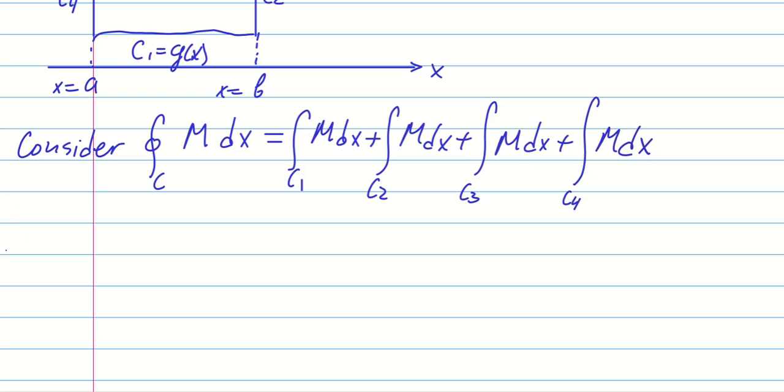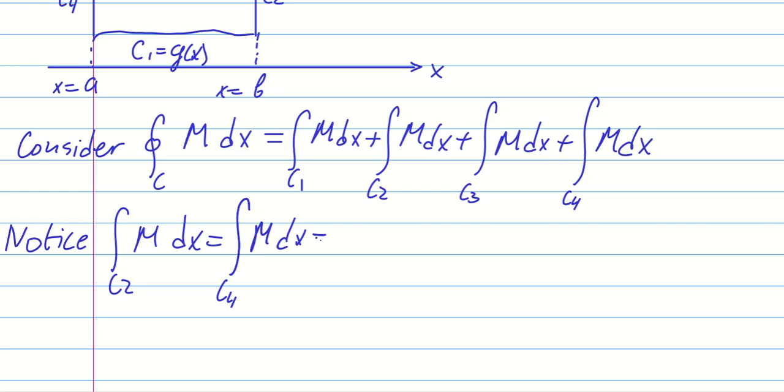Now we have to notice that if we calculate the integral of m over C2 dx, which would be the same as the integral over C4 dx, then we're going to get 0, because we don't really move in the x direction, right?